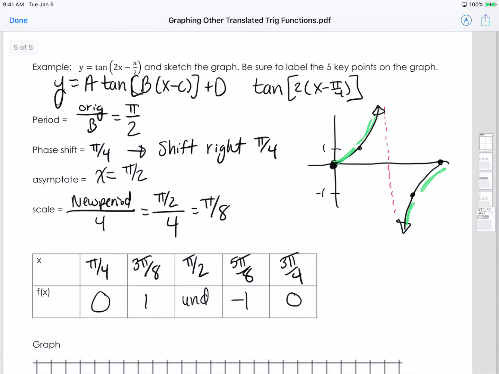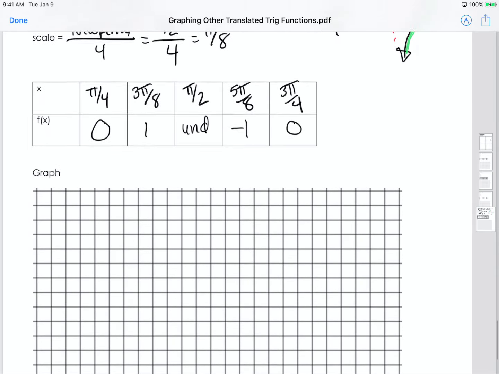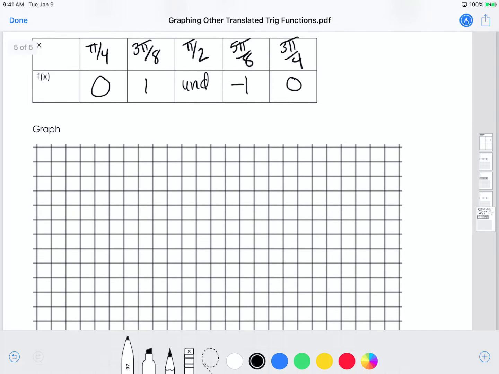So let's go ahead and graph this now. So I'm going to come out. Here's 1. Here's -1. Since we're scaling this on pi/8, I'm going to keep adding pi/8.